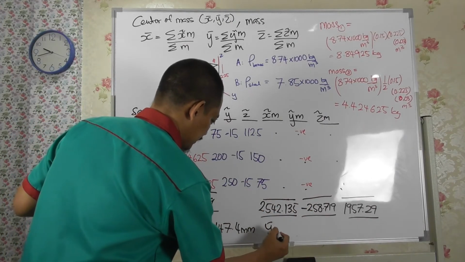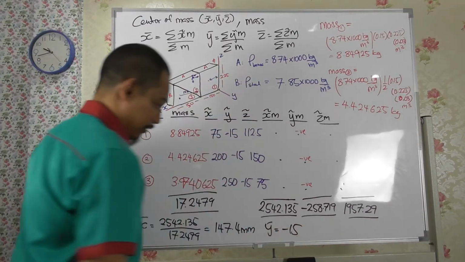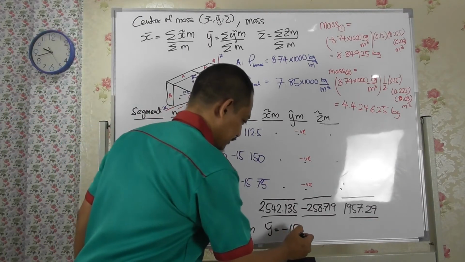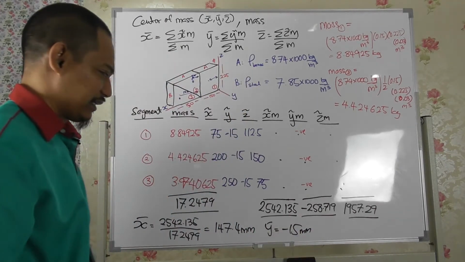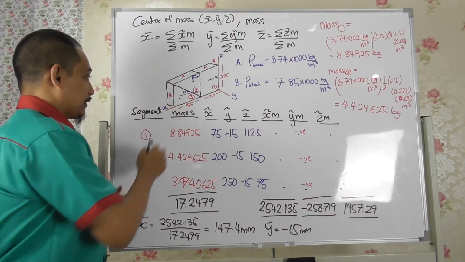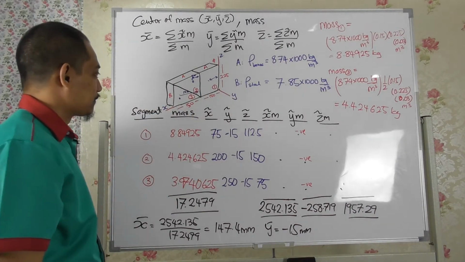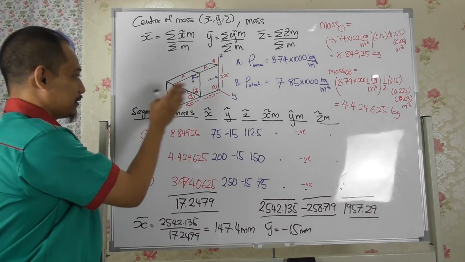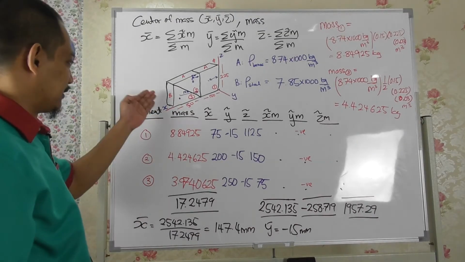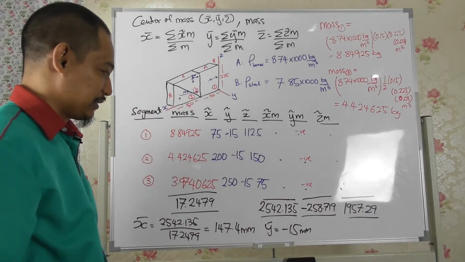Just to double check, if my calculation is correct, y bar is minus 15, and obviously that should be the answer, because if you get anything other than minus 15, that must be wrong. When the thickness is standard all through and the material doesn't change through the thickness, it should be in the middle of the thickness as well.